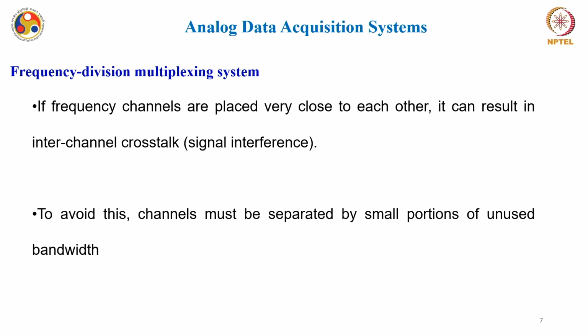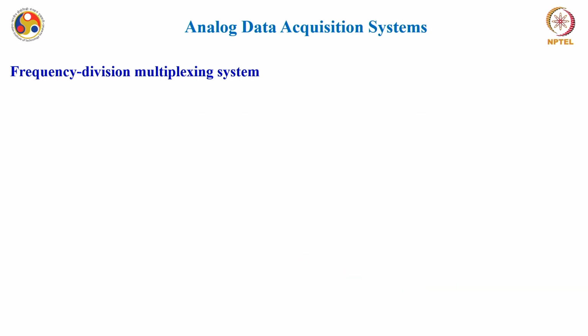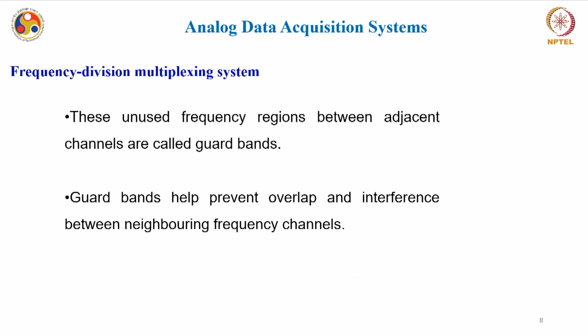If frequency channels are placed very close to each other, it can result in inter-channel crosstalk, or we can call it signal interference. To avoid this, the channels must be separated by a small portion of unused bandwidth. What I am trying to say is that if I decide to use the bandwidth completely and the signals are very near to each other, it will cause signal interference, and therefore we introduce a guard band.